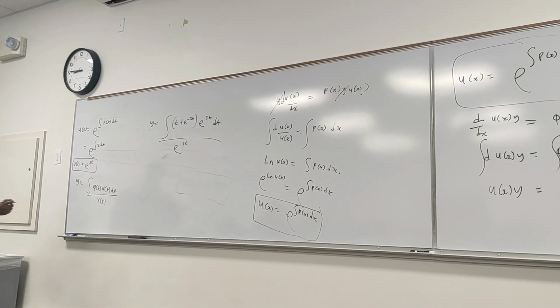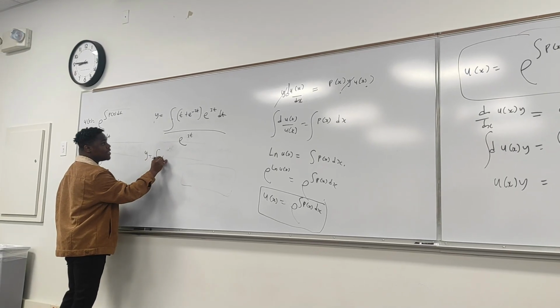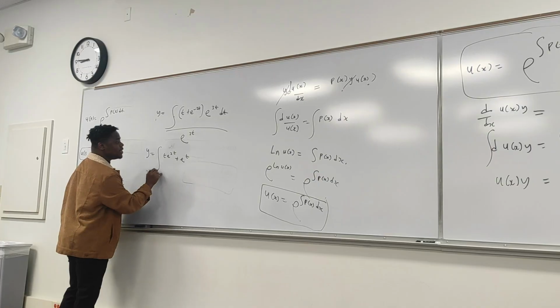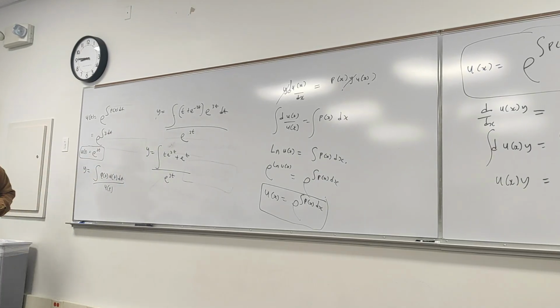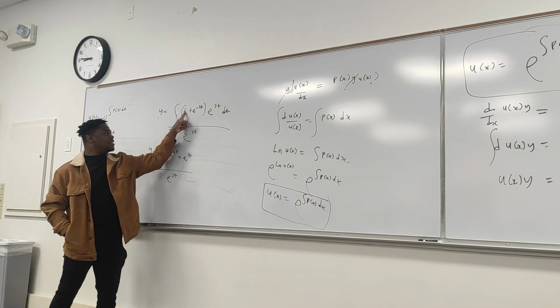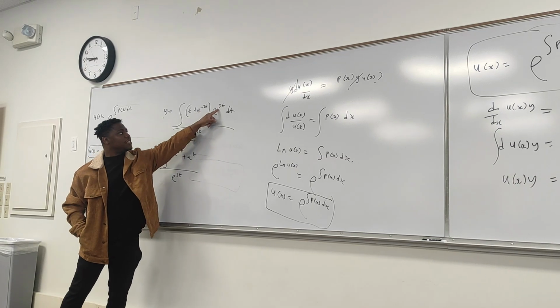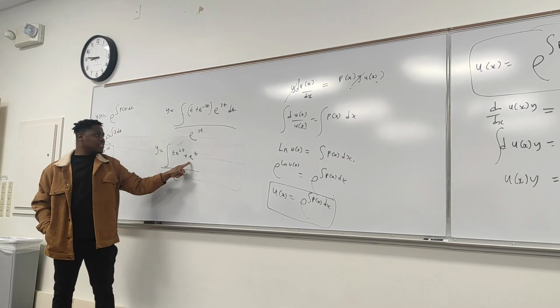Okay, so this becomes, y is, if you multiply this, integral T exponential 3t plus exponential t divided by E 3t. The way I got that is this multiplied by this is this guy here, right? And this multiplied by this will be 3t minus 2t, that's t.